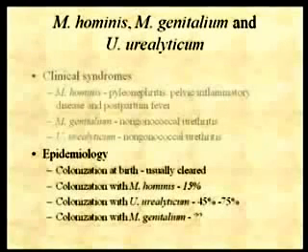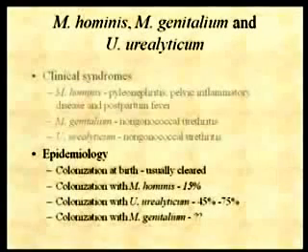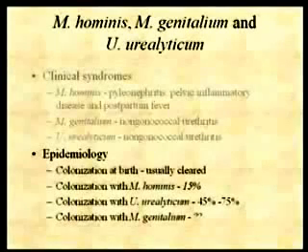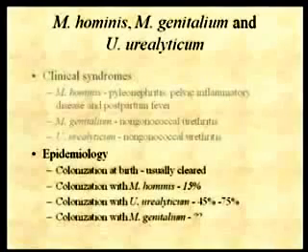There's no disease. Then colonization rates go up, from 50 and even up to 75%. This occurs once we become sexually active, because this is a sexually transmitted type disease.